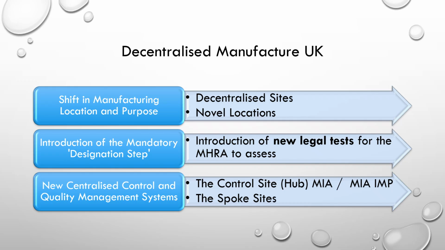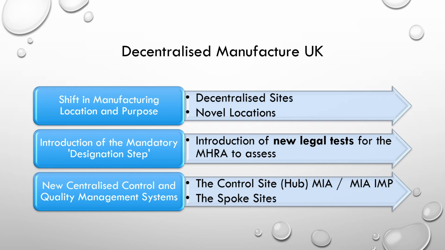First of all, for this designation, you need to pass the legal tests for either point of care or modular manufacture. The legal test needs to be approved, and then you will get this designation, and the MHRA perform that assessment.